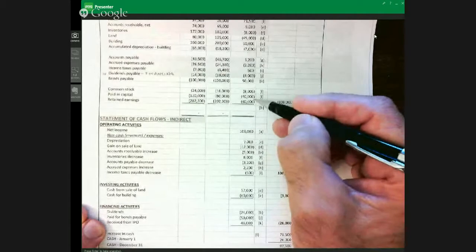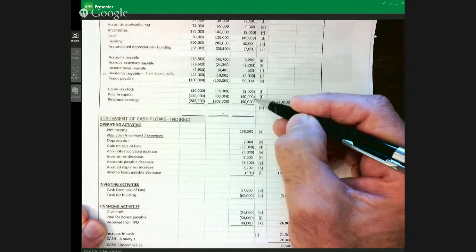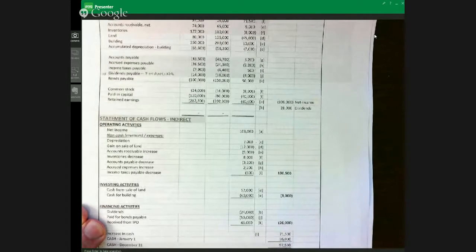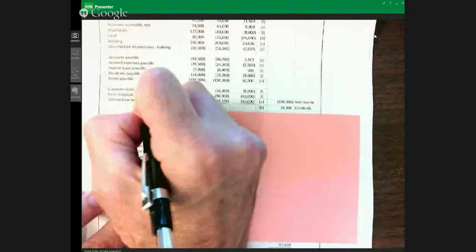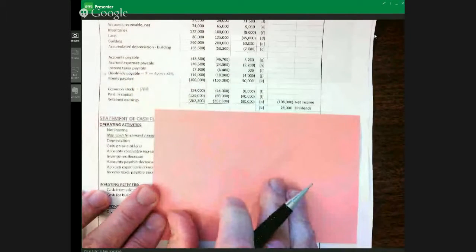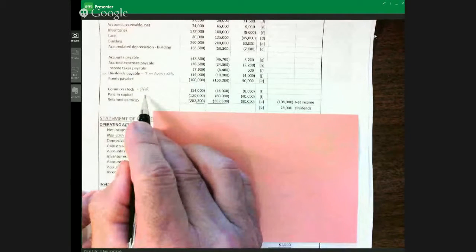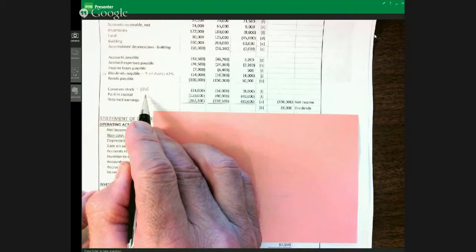Another item to remember. Common stock and paid-in capital go together. In other words, when a company reports common stock that is sold, only the par value will be entered into the common stock account. Any excess of the IPO selling price over the par value is included in additional paid-in capital.